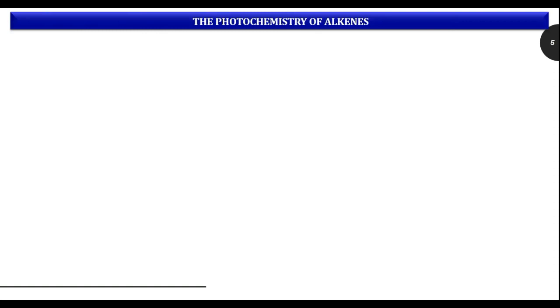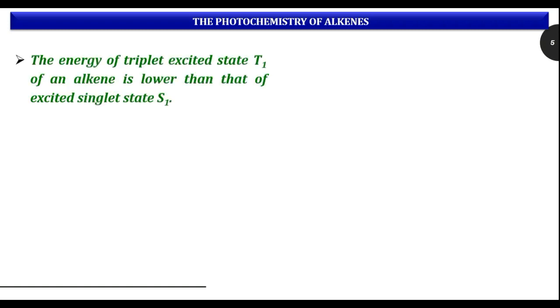So friends, in our syllabus we have photochemistry of alkenes. When you see alkenes, the triplet state energy is always less than the singlet state energy. That means the energy of the triplet state is less than the energy of the singlet excited state.